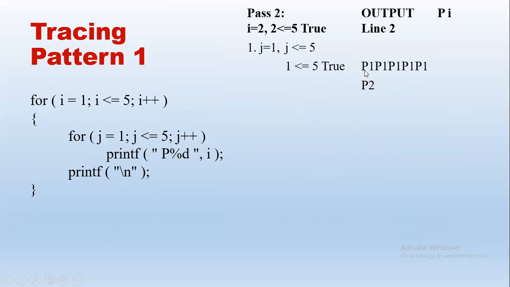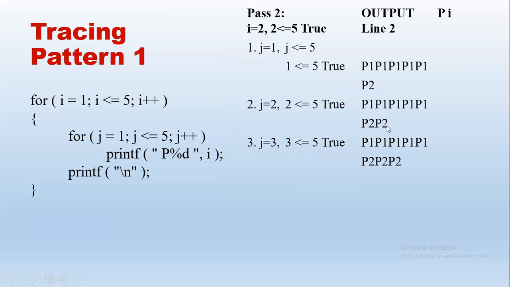So in this case, in the first pass, we printed P1 5 times. Now, in the second pass, J value is 1, 1 is less than or equal to 5. We are printing Pi. What is I? I is 2. So we print P2 1 time. Next, J increments to 2. So we are printing Pi, that is P2 a second time.